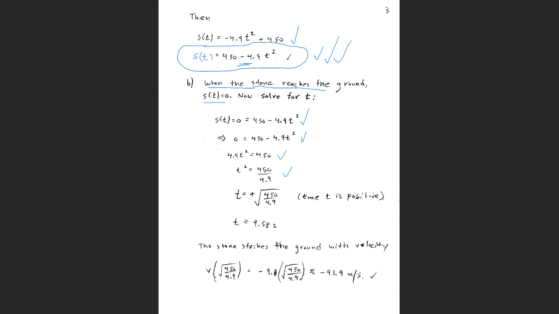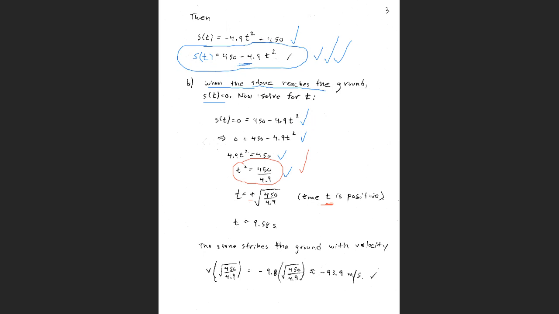So t squared is 450 over 4.9. When we take the square root of both sides, technically t should equal plus or minus the square root of 450 over 4.9. But time is positive here.